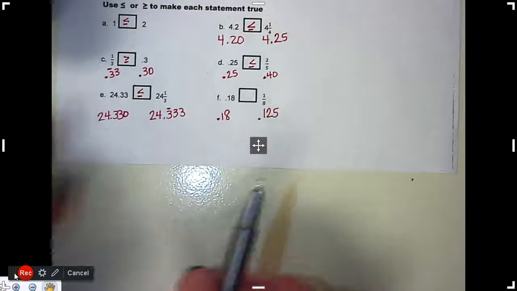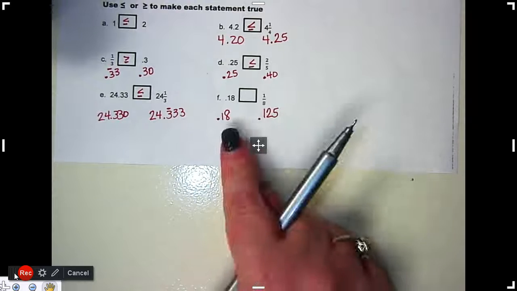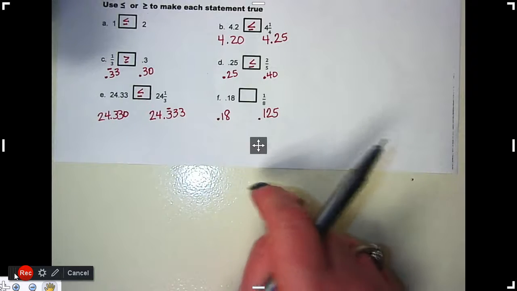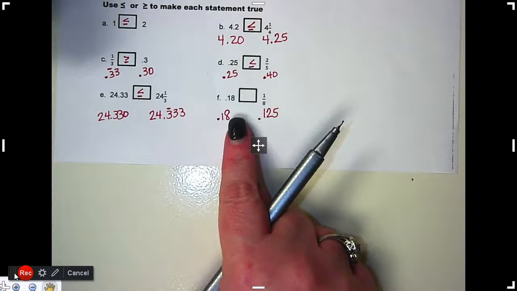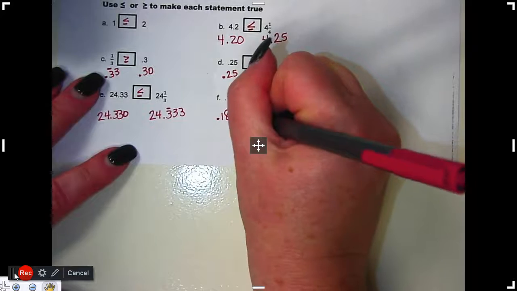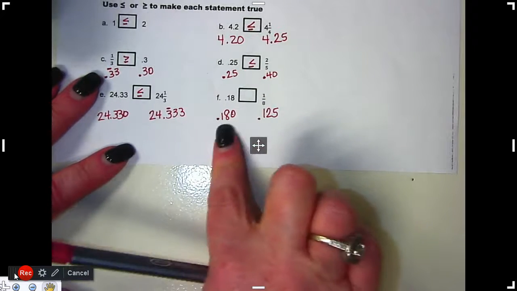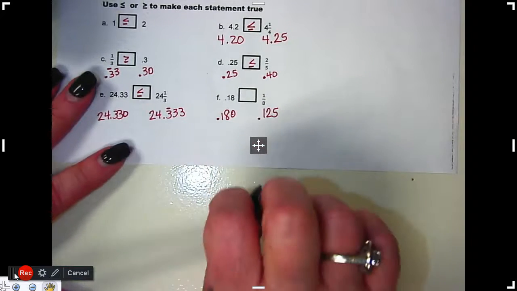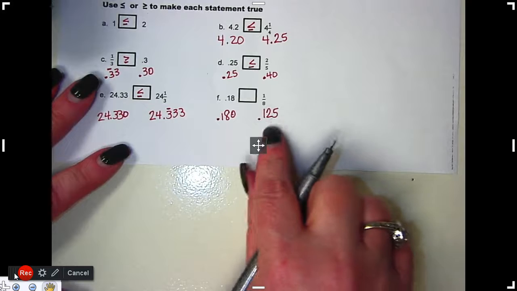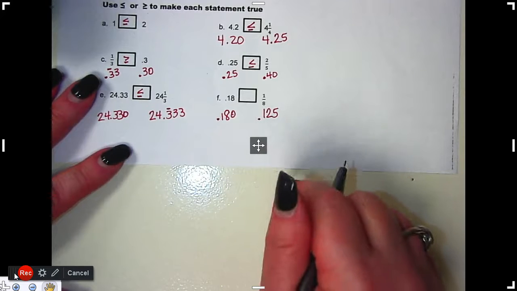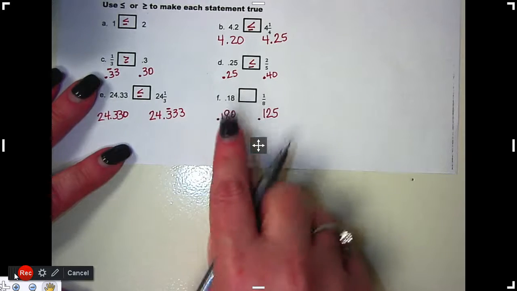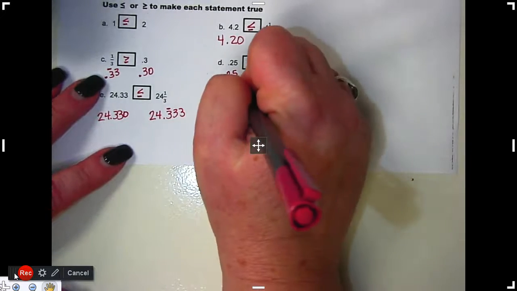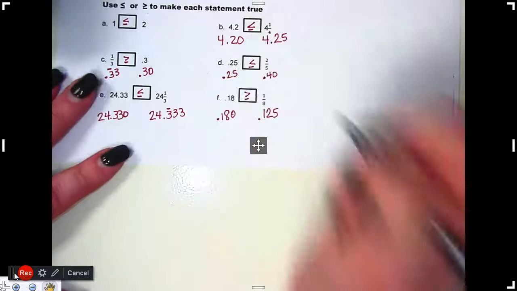Can I compare them like that and say 125 is bigger than 18? No, what do I have to put here? I have to put a 0. That's 180 thousandths, 125 thousandths. Which one's bigger? This one's bigger. Greater than or equal to.